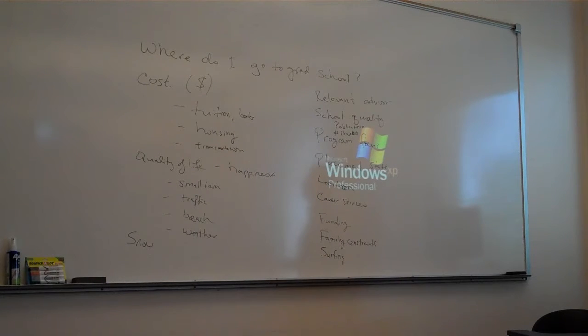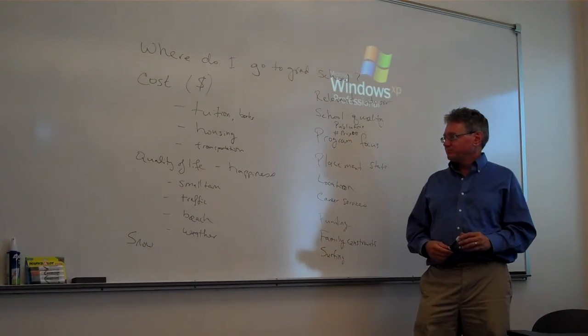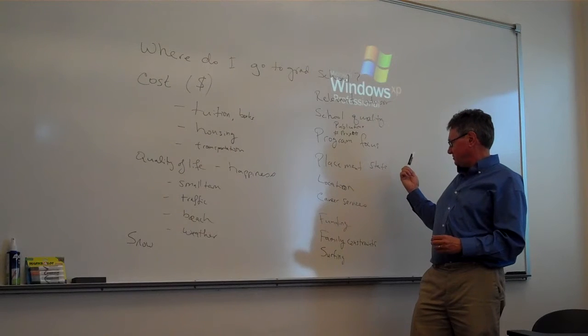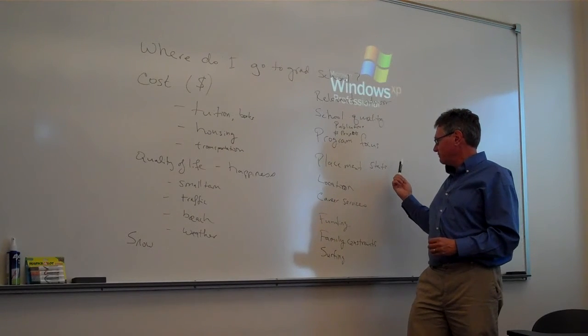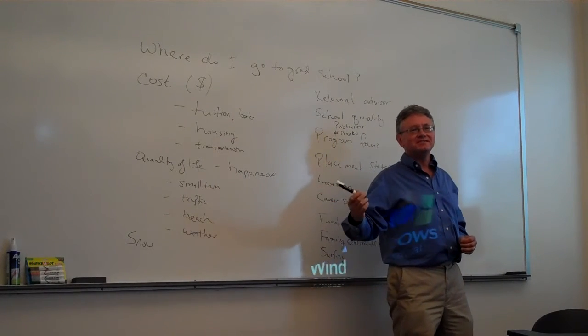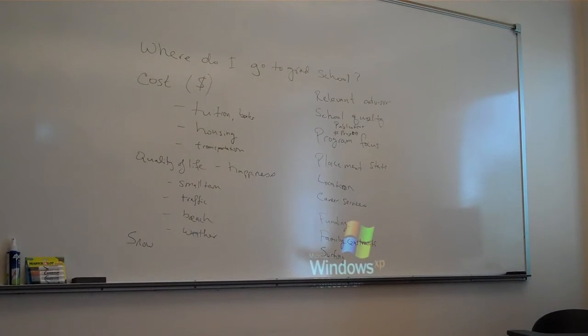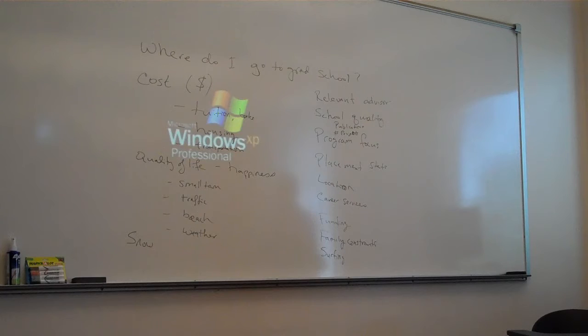If we can't even rank a set of alternatives by a particular criterion, if we don't even know enough, if none of the schools, or most of the schools, have no information on placement statistics, then we're not even going to be able to rank the schools on the basis of that, at which point it becomes a criterion that we can't use. So that's a complete lack of information. If there's no information at all, we can't use it.